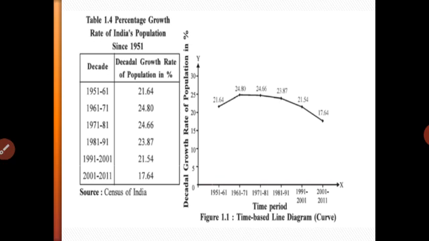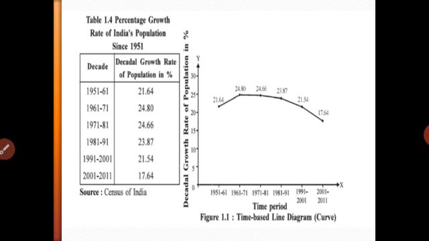The independent variable is shown on the x-axis because the percentage of population depends on the year. So the percentage of population is the dependent variable, whereas the year is the independent variable. The year, which shows decades, is shown on the x-axis, and the percentage rate is shown on the y-axis.